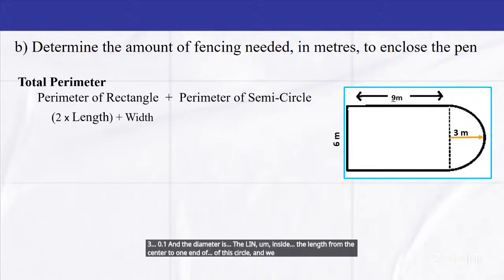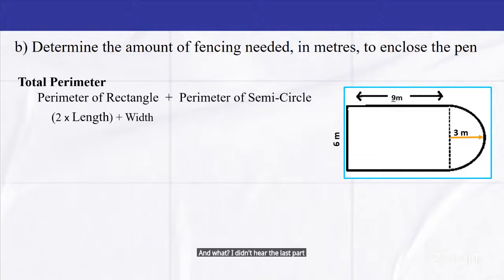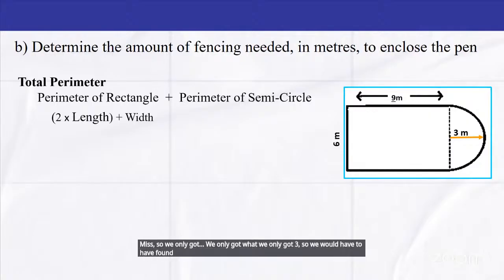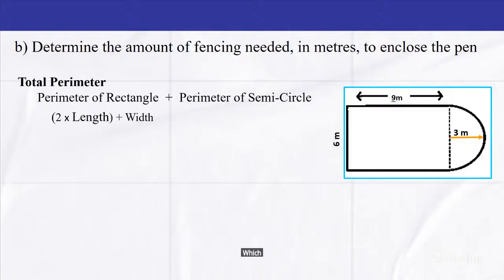We only got 3. So we would have to find the other half of the circle, which would be 6. And then we're going to divide it by 2.